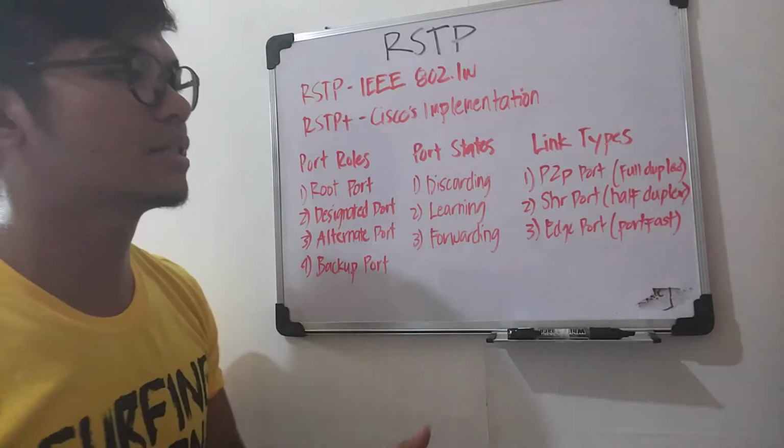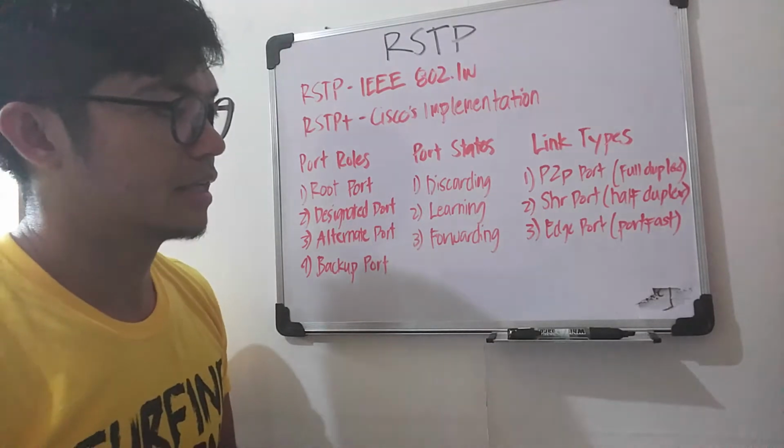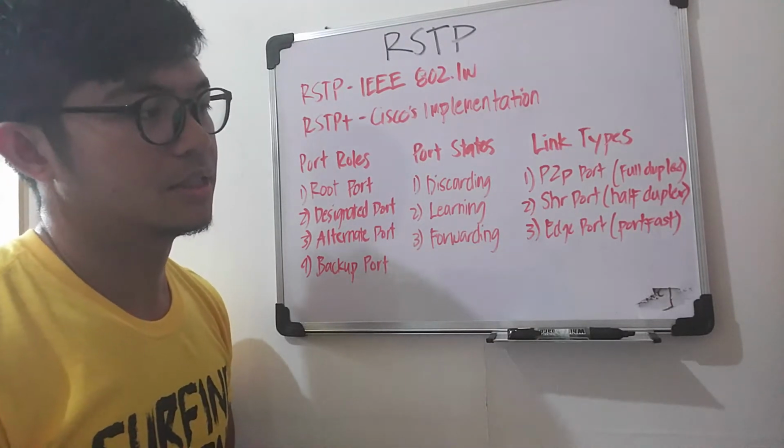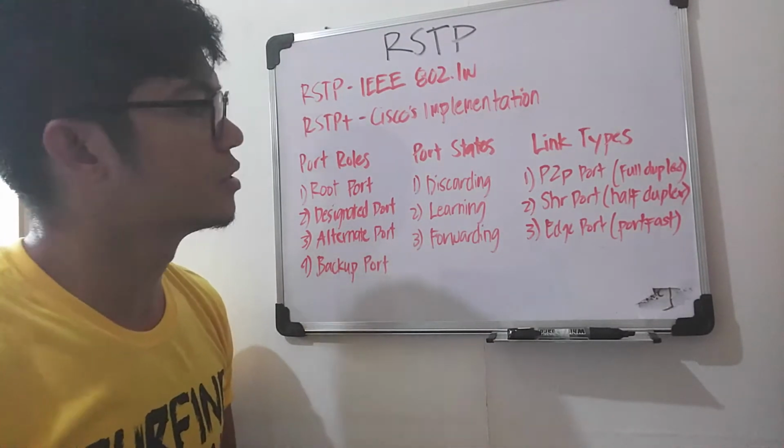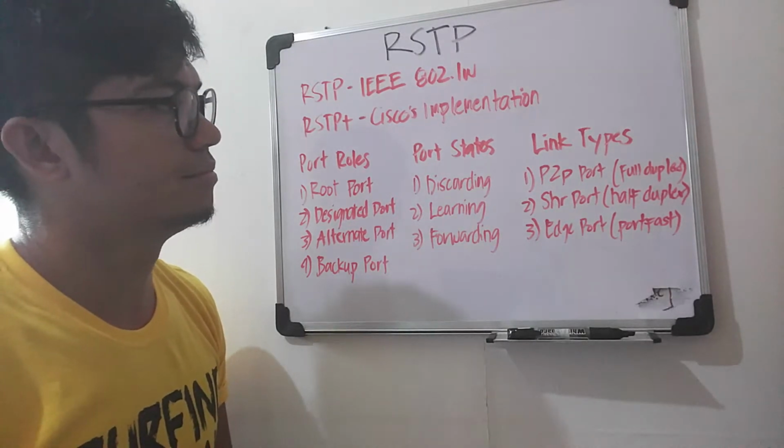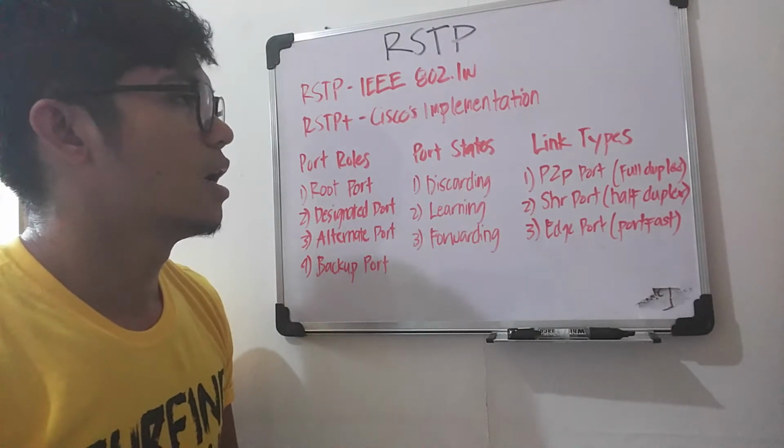So if the port is in discarding state, it's blocking and not receiving BPDUs.